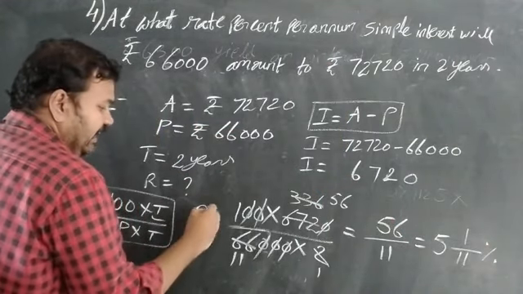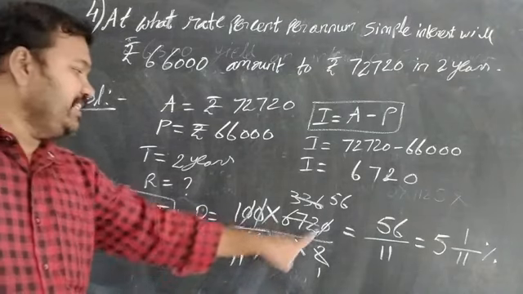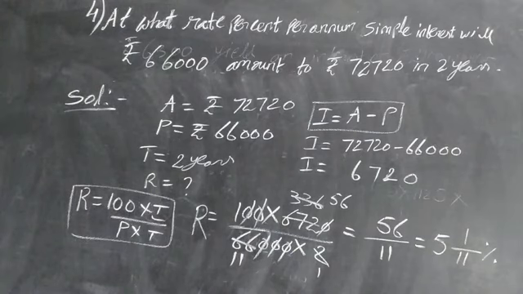We have to find the rate. First zeros cancel, afterwards the 2 table and 6 table. Using cancellation, I got the answer 5 1/11 percentage.